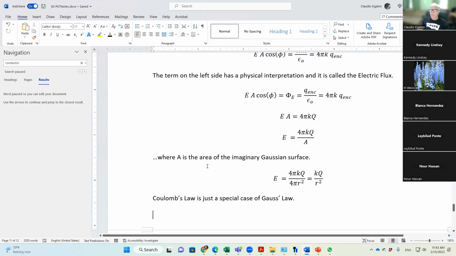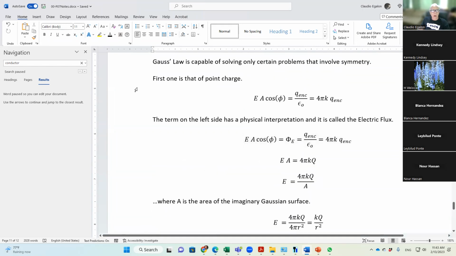And we can do the same for other types of charge configurations. So we did it for a point charge.